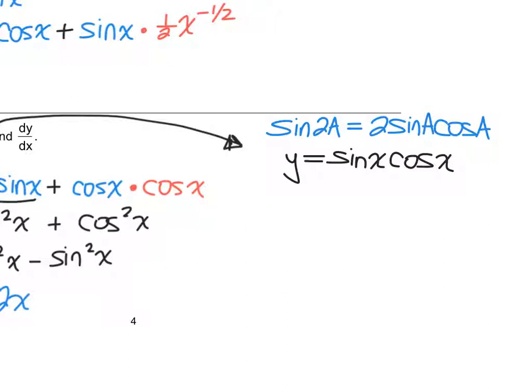All right, let's do a little comparison here. I'm comparing this one to this one. What's the difference between the two? There's no 2, right? Everything else seems to be in order. If I were to chop this in half, I'd get this, roughly, just replacing the a's with x's.